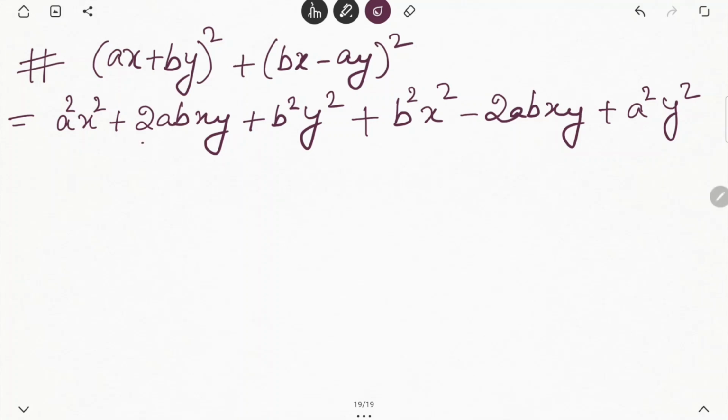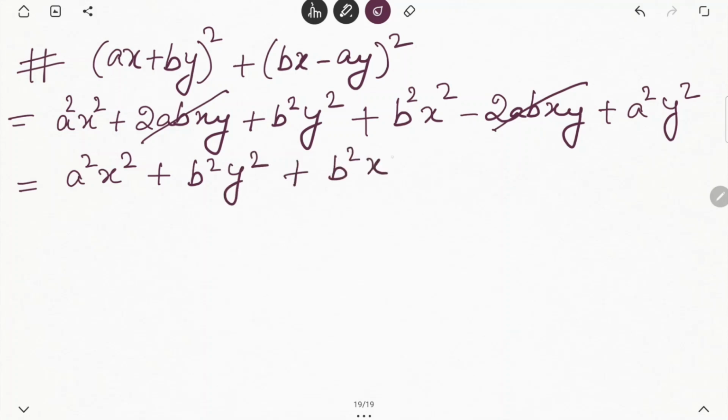So here what you get, this and this gets cancelled. So you are left with a square x square plus b square y square plus b square x square plus a square y square. Okay, so now I have to group in such a way so that I can take at least something common.